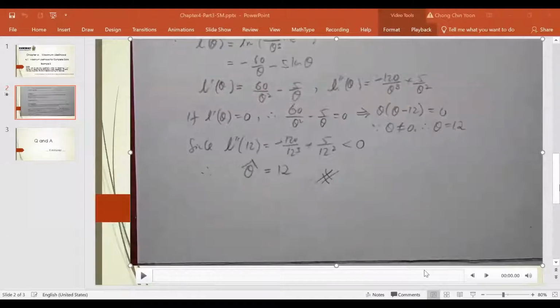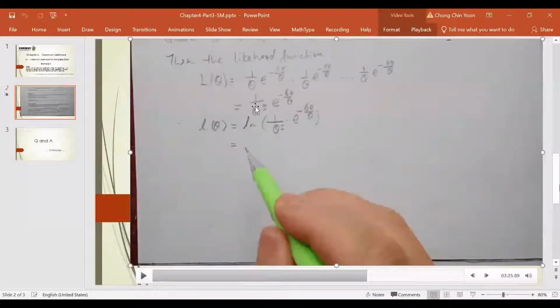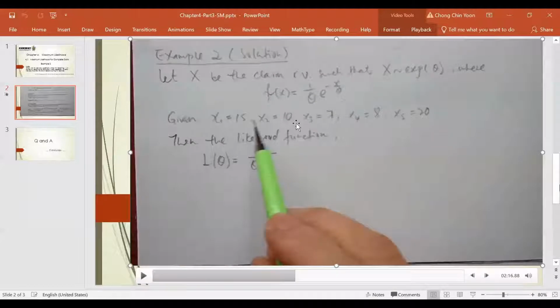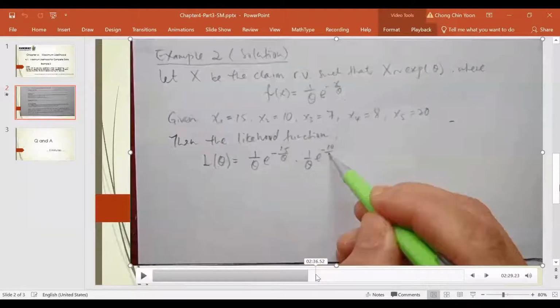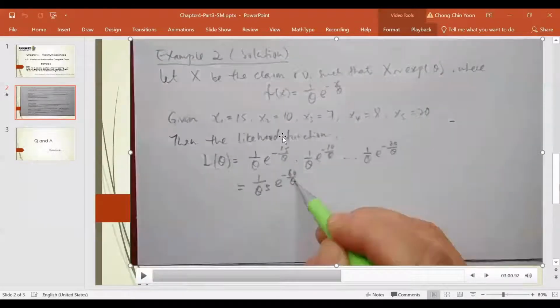Okay, quite obvious. I believe you know how to form the likelihood. Just multiply all the PDFs from these observations. Under exponential, you can get this PDF from the table. So you just multiply all the PDFs and then simplify this.